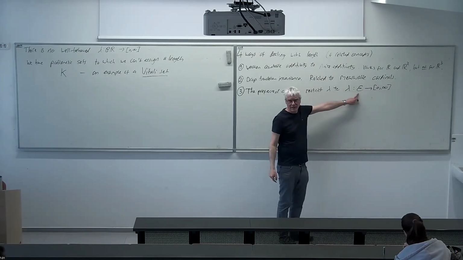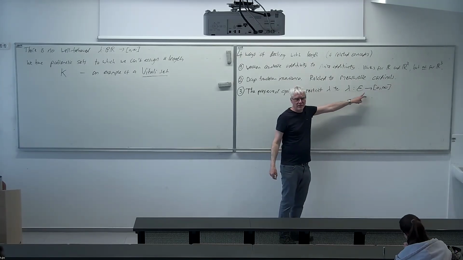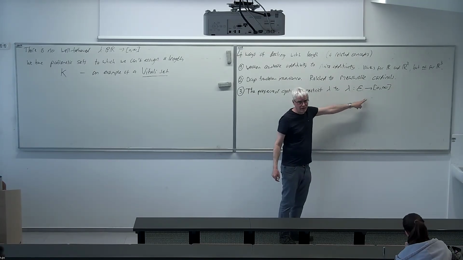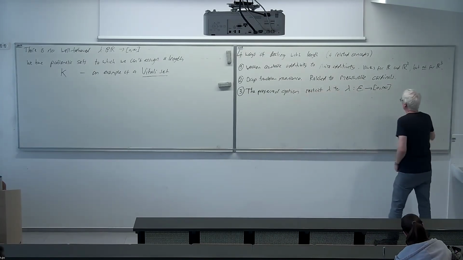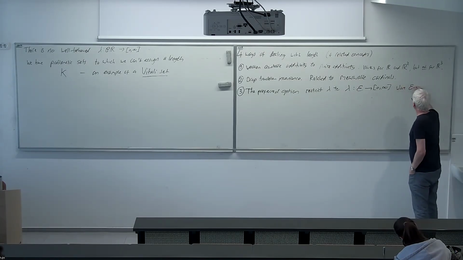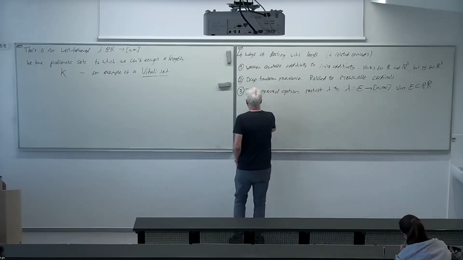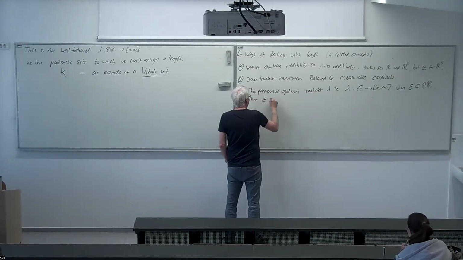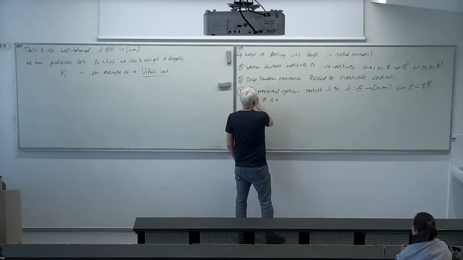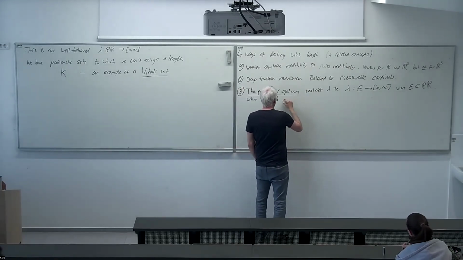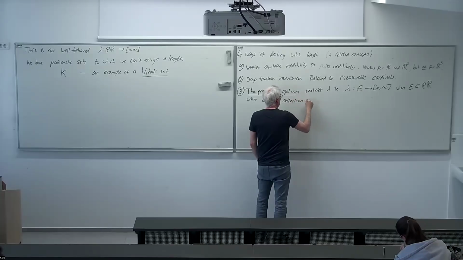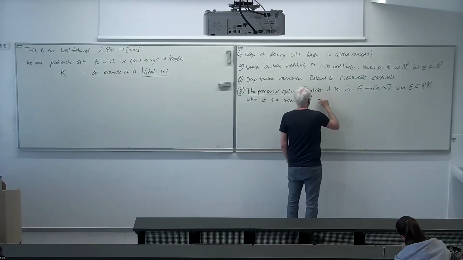One sometimes uses a curly E for it, like what's called the sigma algebra of events in probability, where this curly E is a proper subset of the power set of the reals. Okay, so just a collection. So this is the third option, where E is a collection of well-behaved subsets, and such sets are called measurable.